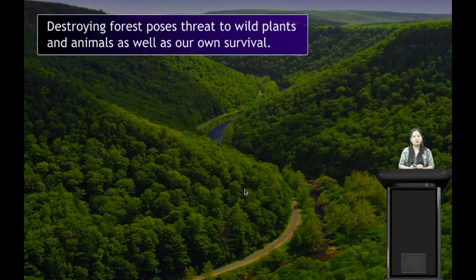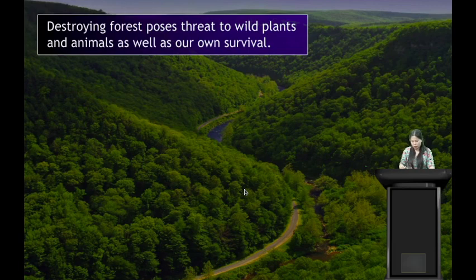But it does not pose a threat only to plants and animals, it also poses a threat to our own survival. It is because we humans greatly depend on plants and animals. We depend greatly on forest products. So destroying a forest poses a threat not only to wild plants and animals, but also to our own survival.